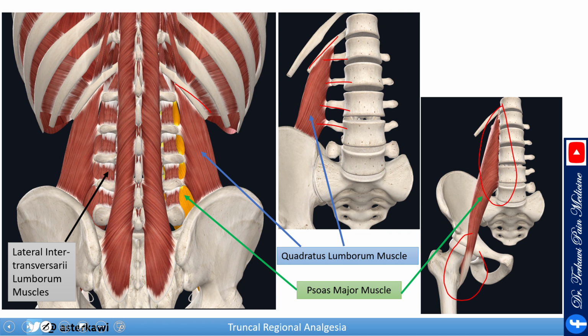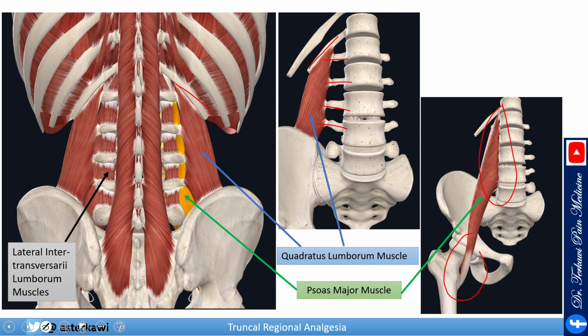This psoas muscle is innervated from L1 to L2, sometimes L3 spinal nerve. The psoas major muscle is important for the hip joint. So it helps flexion and external rotation, and the lumbar spine.